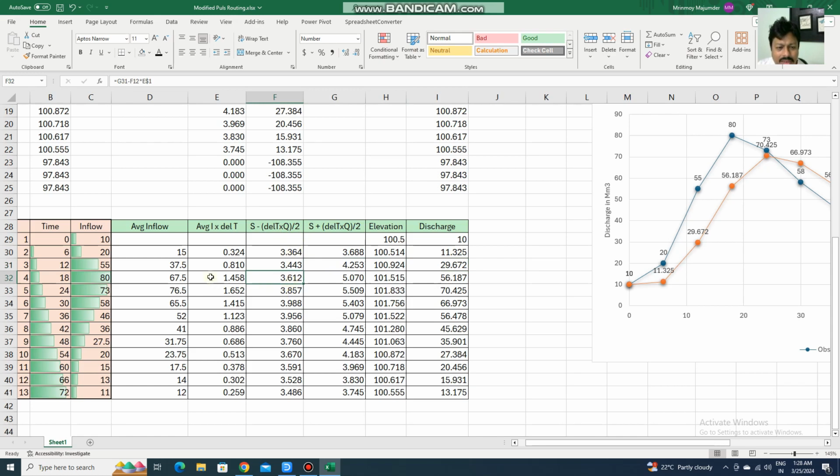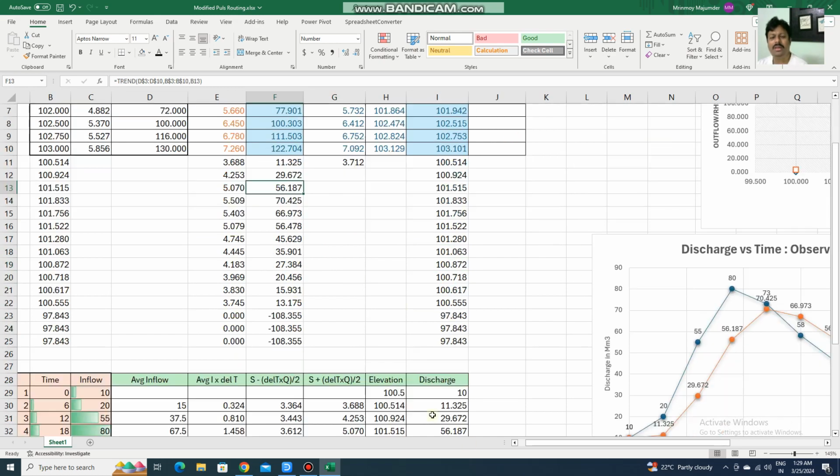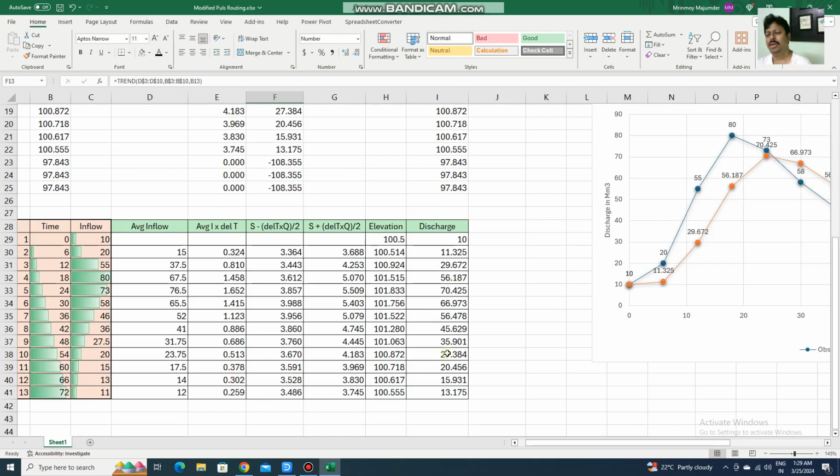And then we add this average I into del T with S minus del T Q by 2 of the current time step, and you will find the S plus del T into Q by 2 or RHS of the current time step. And again you put it into this equation, get a new elevation, and once that new elevation is got, automatically this new outflow will come. This outflow will again be multiplied with del T and deducted from the RHS of the previous time step.